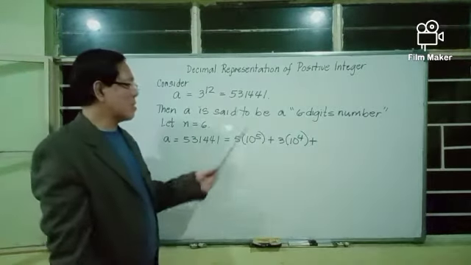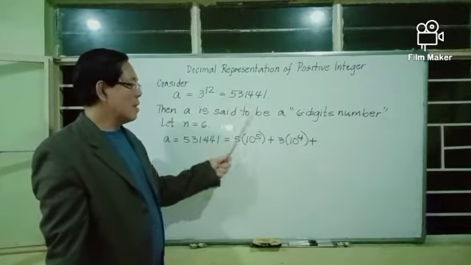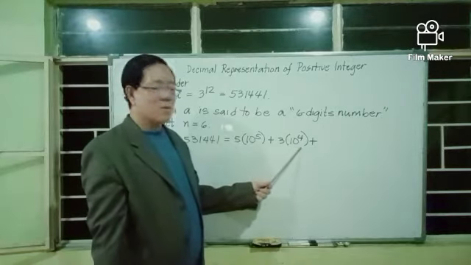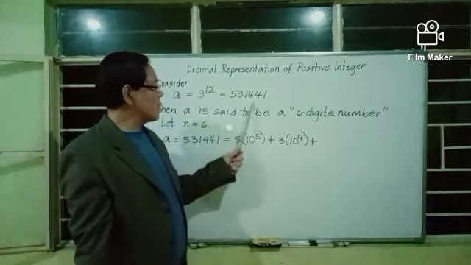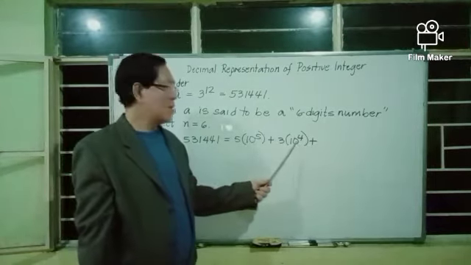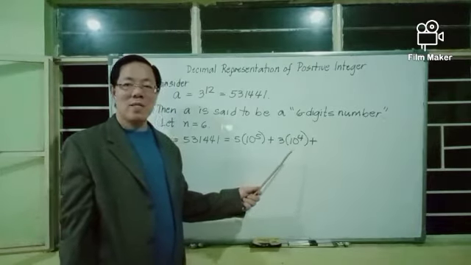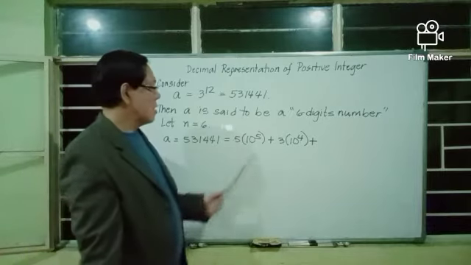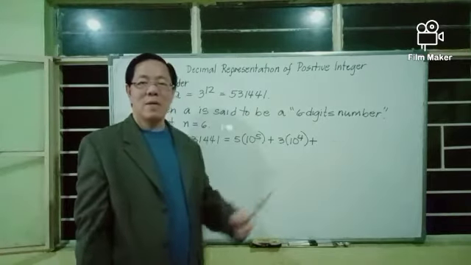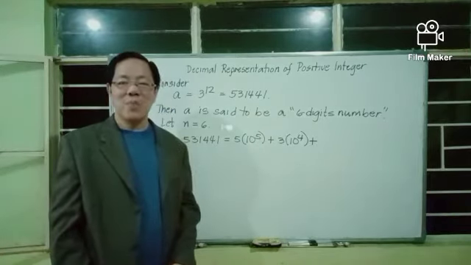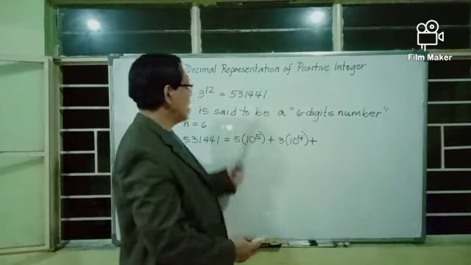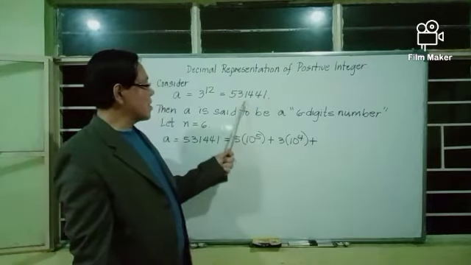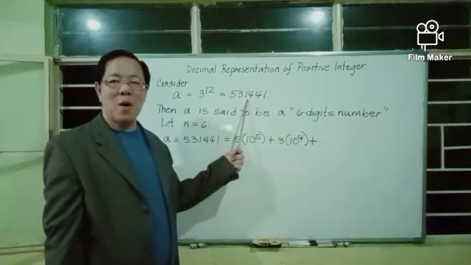The next digit is 1, and to the sum of these two numbers we add 1 multiplied by 10 to the power 3. The exponents of 10 are decreasing by 1: 5, 4, and for the next term, the exponent of 10 will be 3.